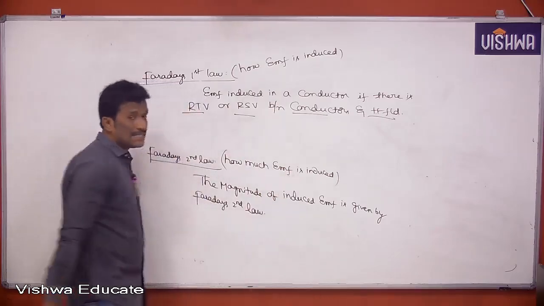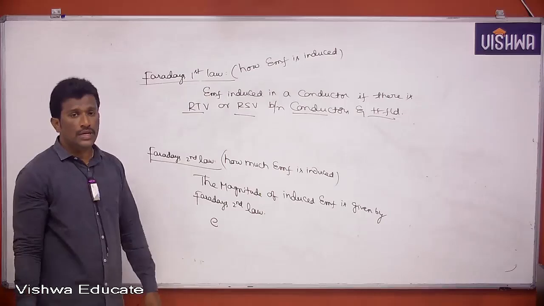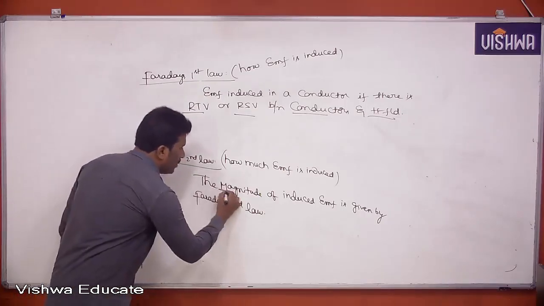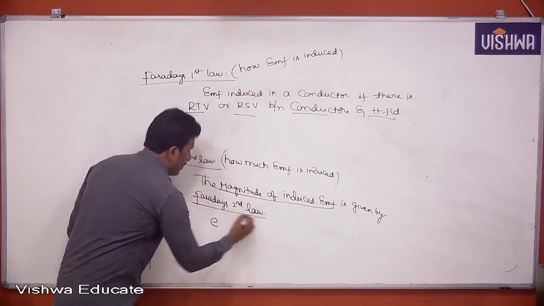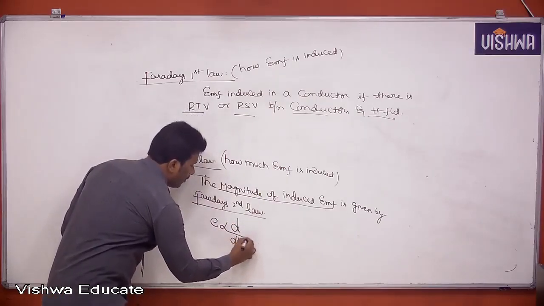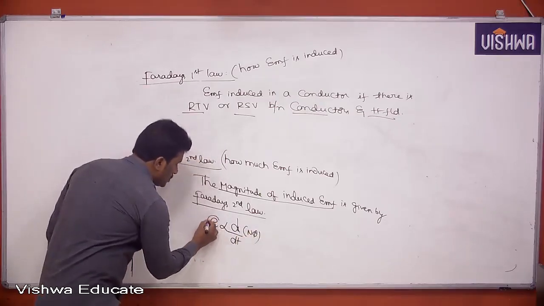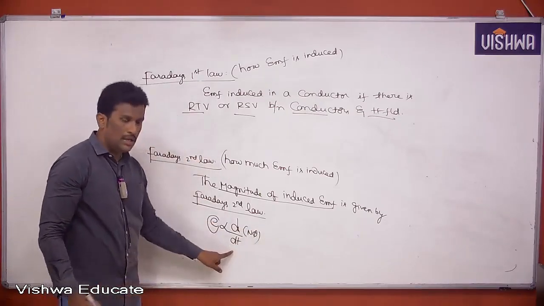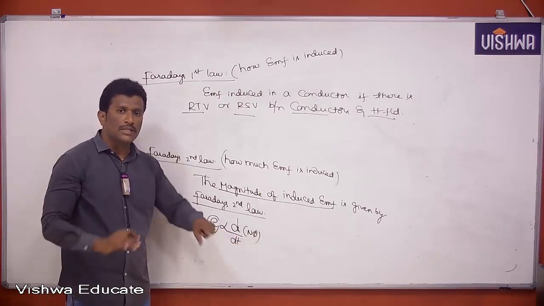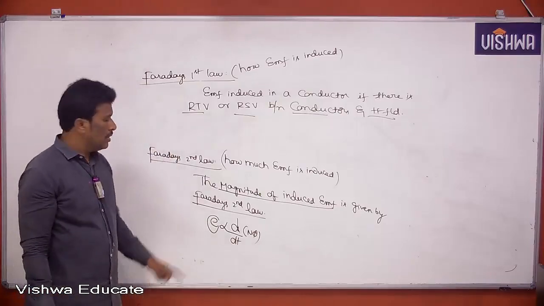We already discussed that EMF will be induced in a conductor if there is rate of change of flux linkage. That is, the magnitude of induced EMF is given by Faraday's second law. That is, E is proportional to d/dt of NΦ. That means E equals N dΦ/dt is the magnitude of EMF induced in a conductor. This is only your Faraday's second law.